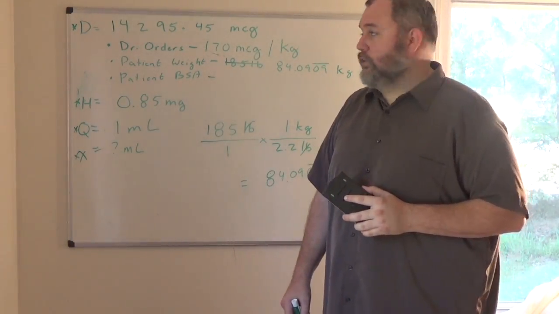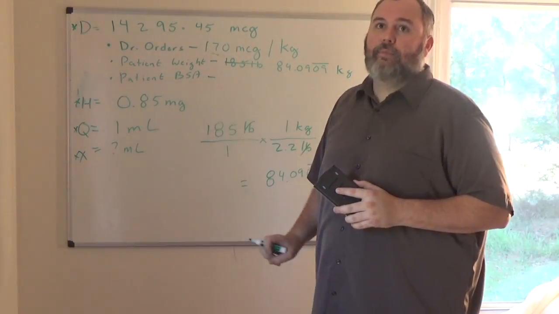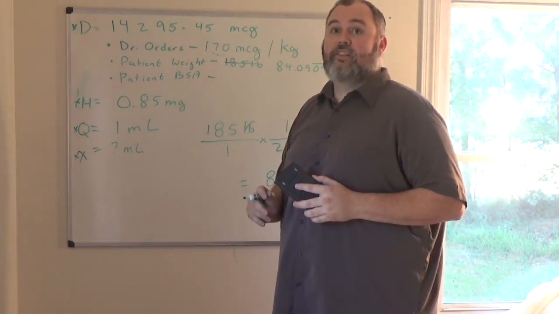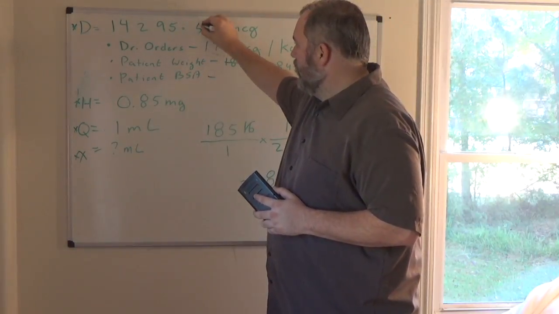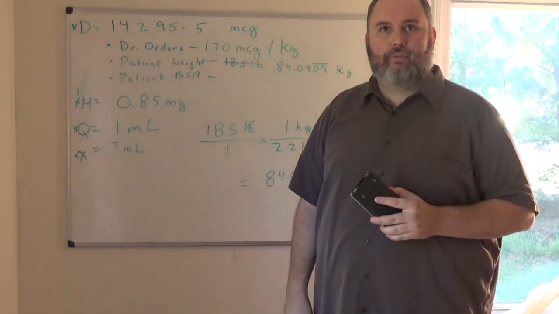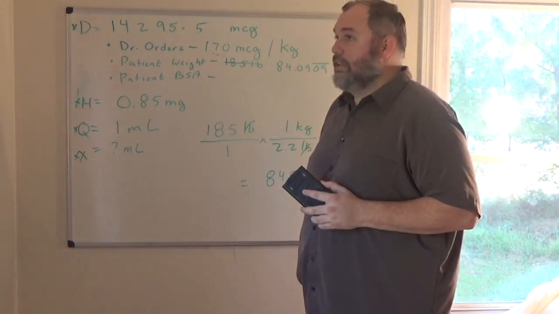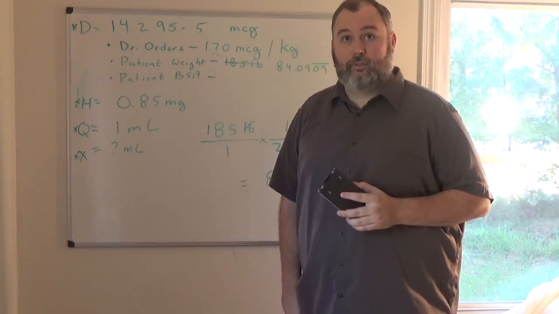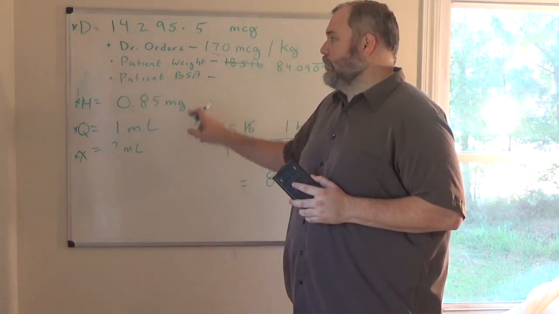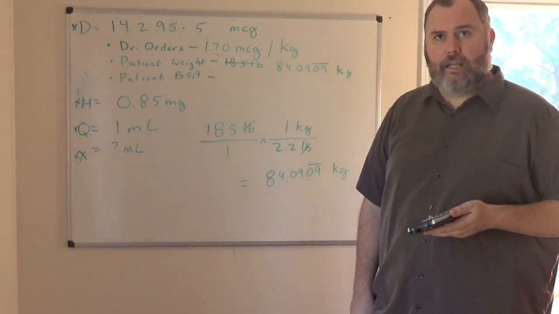I am actually going to do a little rounding on this step. Let's round this to the nearest tenth, okay? And when we do, we get that. That's pretty straightforward. So we need 14,295.5 micrograms, but the strength comes in 0.85 milligrams.